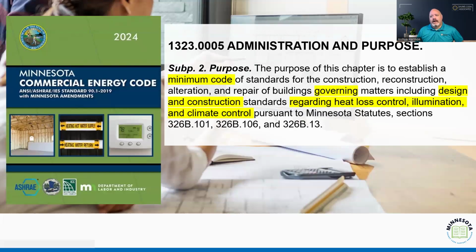And that includes understanding how we control for energy consumption, energy conservation, heat loss, illumination, interior climate controls, those types of considerations that really get more to how the building is used over its useful life than just what kind of 2x4s we use or what kind of structural members we use, right?